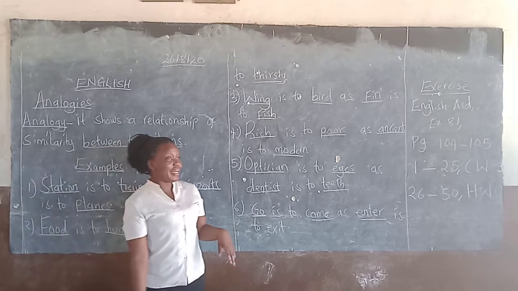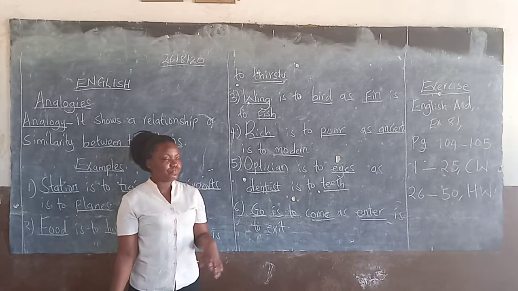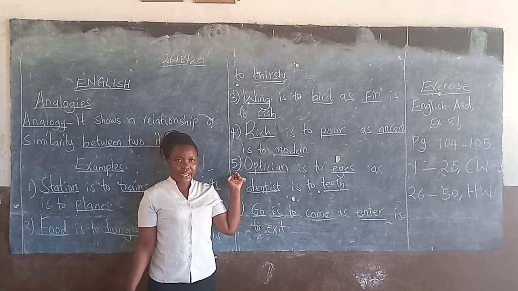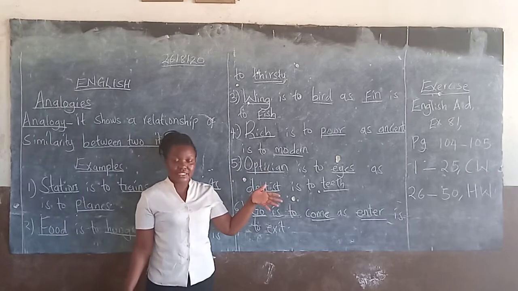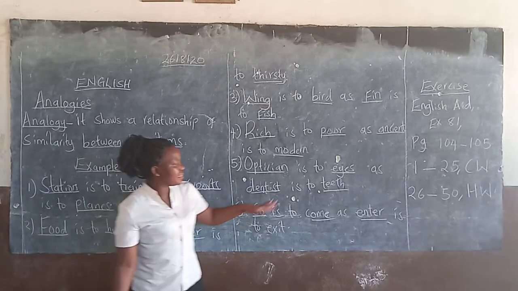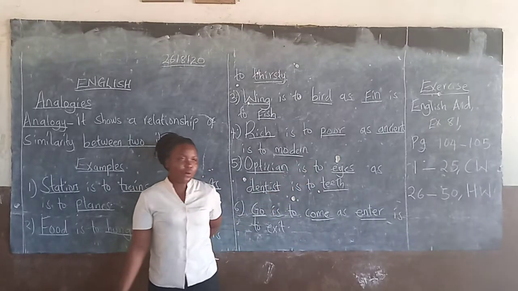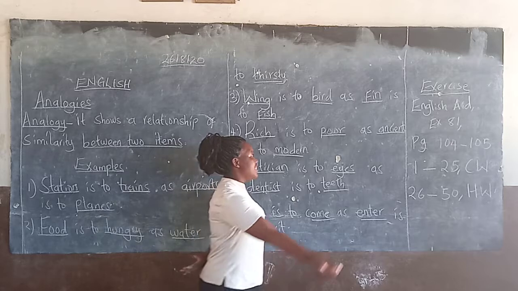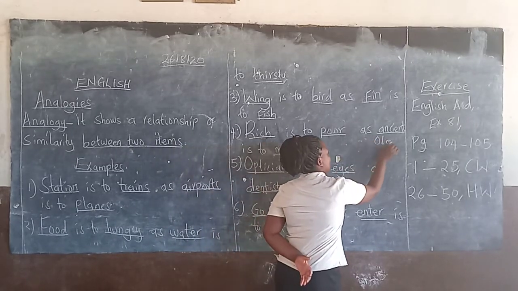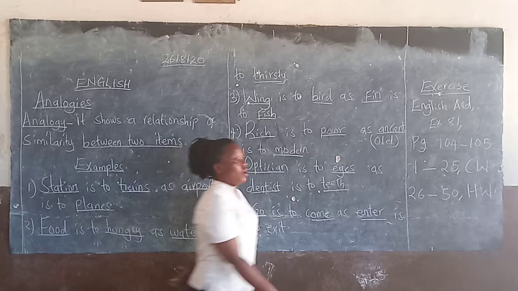Then we have another example. Rich is to poor. So we know that the opposite of rich is poor. Then as ancient. The synonym of ancient is old.